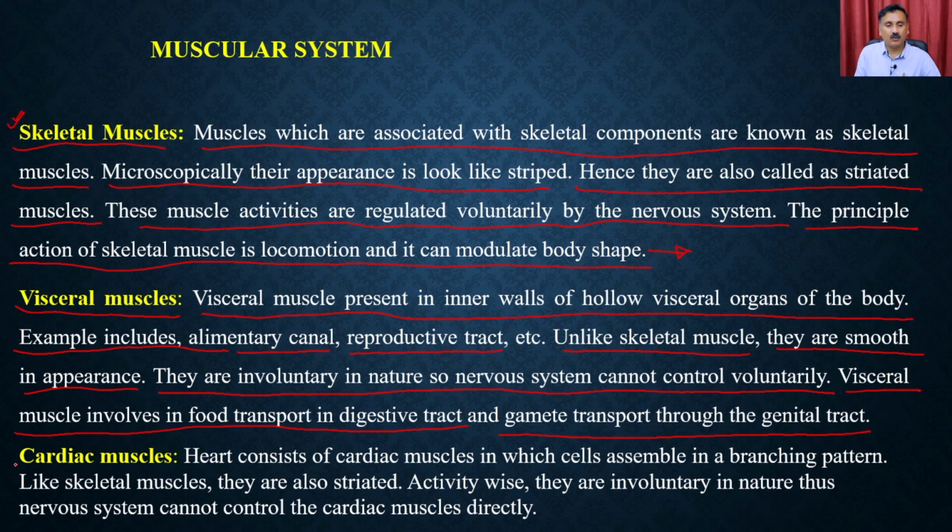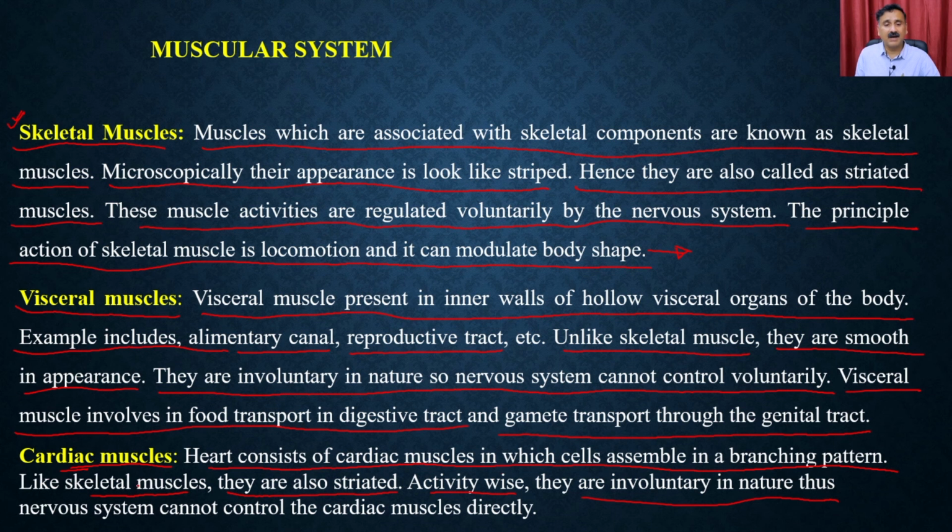Apart from that, you also have the cardiac muscles. The heart consists of cardiac muscles in which the cells assemble in a branching pattern, and like the skeletal muscles, they are also striped. Activity-wise they are involuntary in nature, and the nervous system cannot control the cardiac muscles directly.